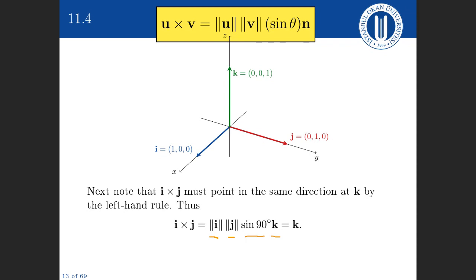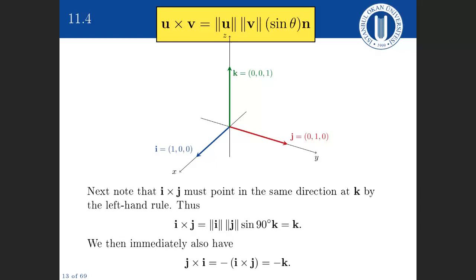But i is a unit vector, so norm of i is just 1. j is a unit vector, so the norm of j is 1. What is sine 90 degrees? Sine 90 degrees is also 1. So we end up with just k. i cross j is equal to k.